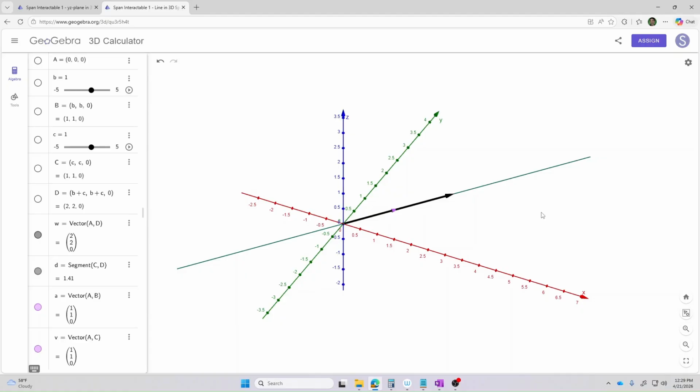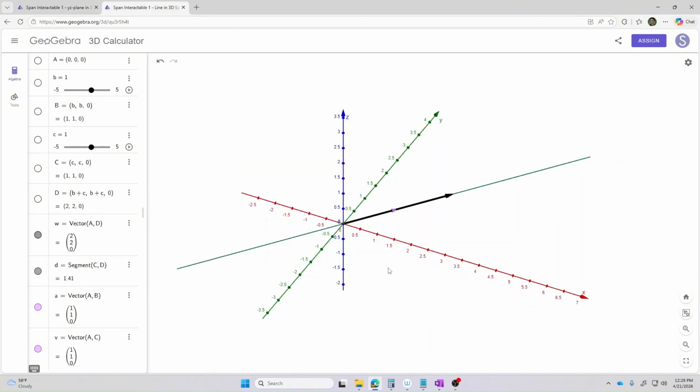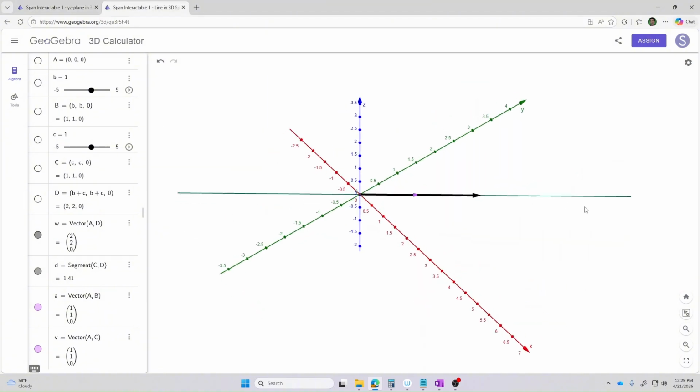So in this particular case, because v1 and v2 were scalar multiples of each other, we ended up with a span that was not two-dimensional, not a plane like before, but a span that was only one-dimensional, in this case, just a line.